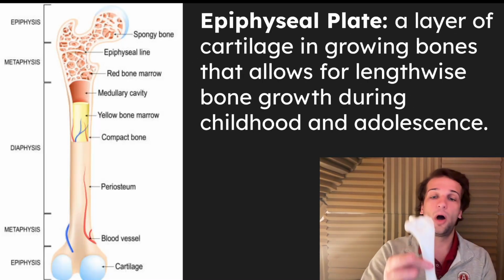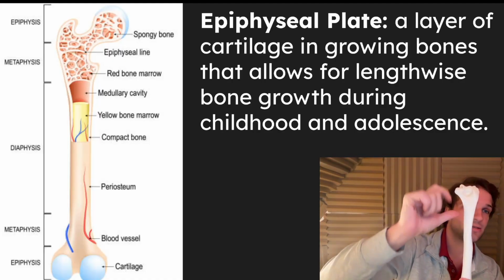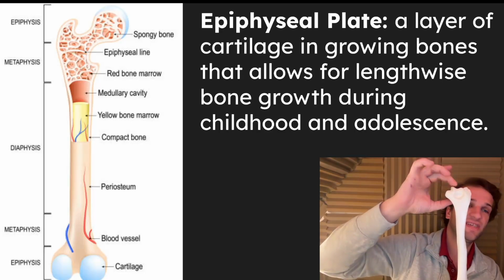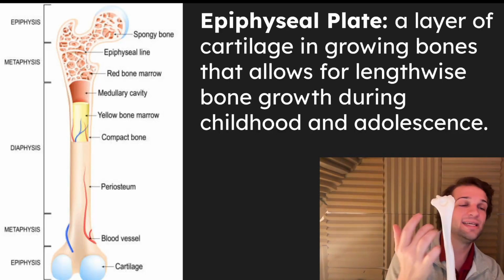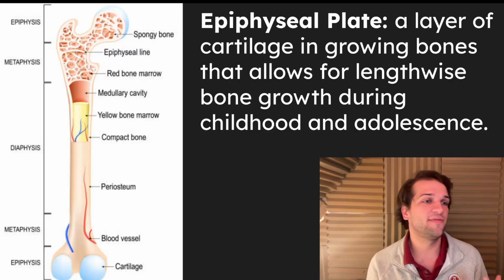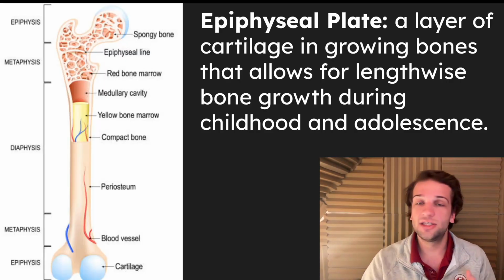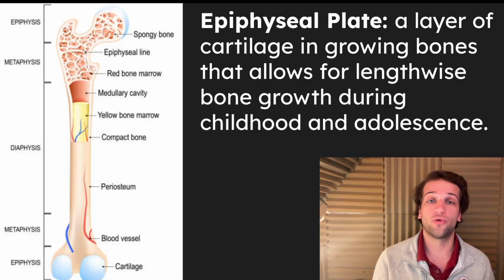Now, on the bone, what we'll find is around where the diaphysis, the long part, meets the epiphysis, the heads, we are going to see what is called the epiphyseal plate. You guys have probably heard about the epiphyseal plate before as the growth plate, and this is where we're actually going to see our bone grow from, right?